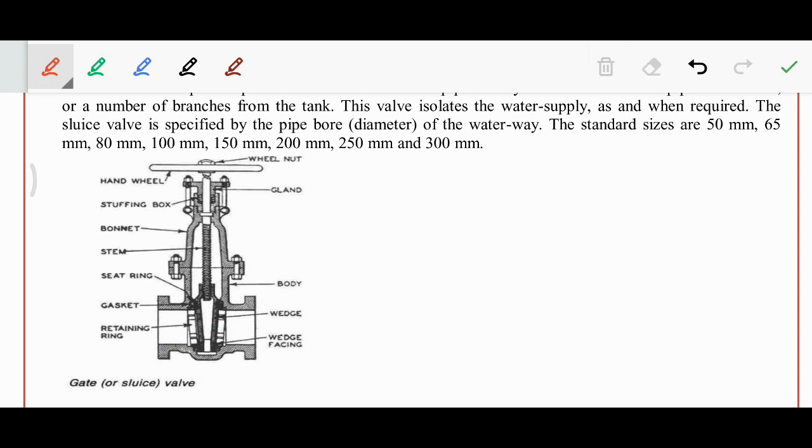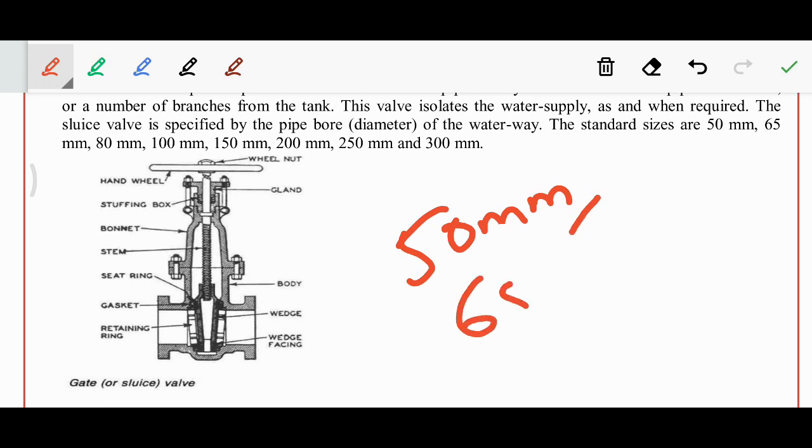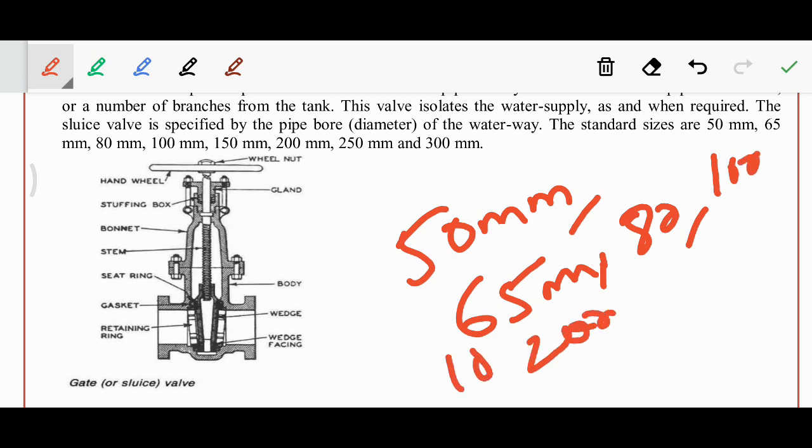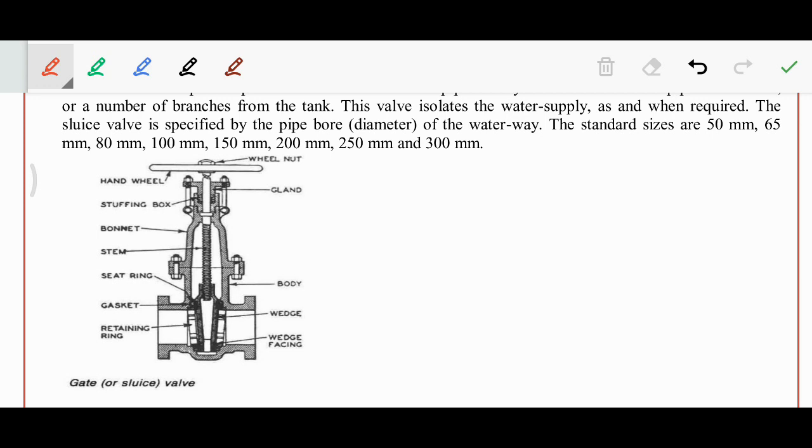This valve will be available in standard sizes like 50 mm. Try to remember these dimensions: 65 mm, 80, 100, 150, 200, up to 300 mm.